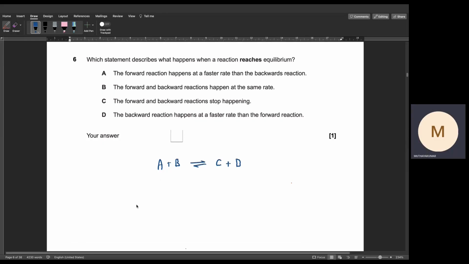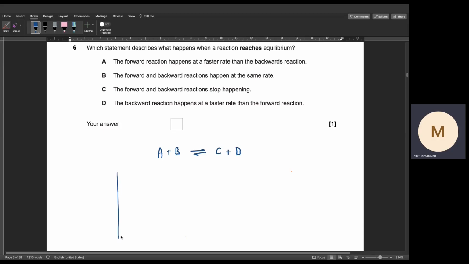Now, if we look at the rate versus time for this reaction, we can monitor the rate of the forward reaction and compare it to the rate of the backwards reaction.